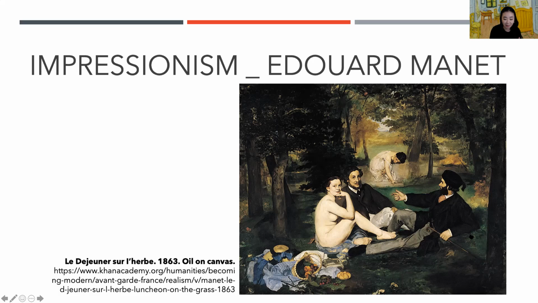Still debated. And in modeling his figures, he focused on the highest and the lowest values, all but eliminating the middle and transitional tones.